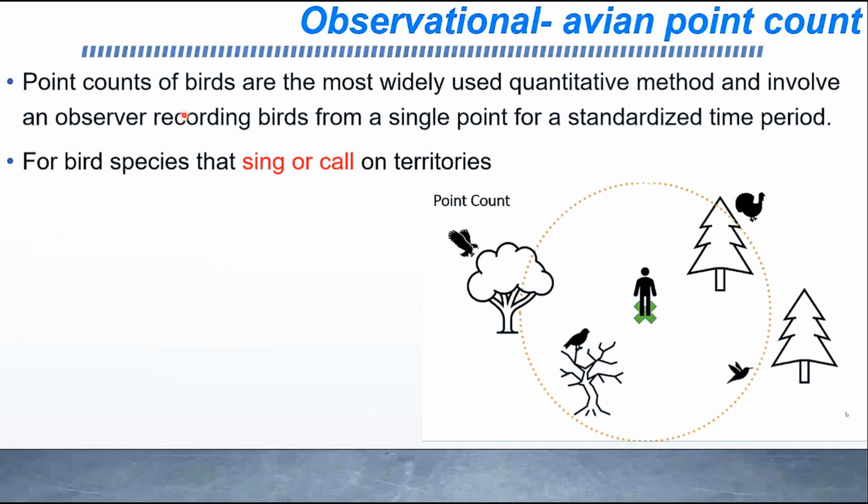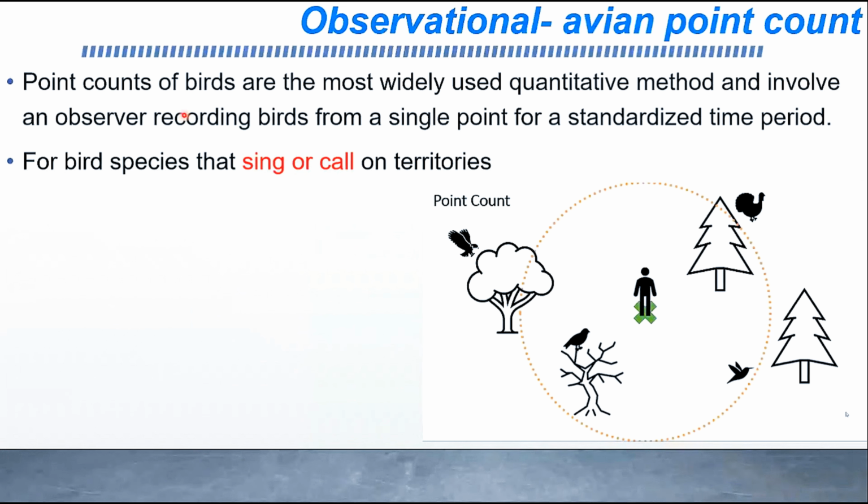You have your recorder or your binocular, or any other observing material, you sit there for a standardized time period and you record the calls of the bird, or you record the singing of the bird, and based on the call, based on the singing, or based on the observation, you note down what kind of animals or birds were present in that particular area.